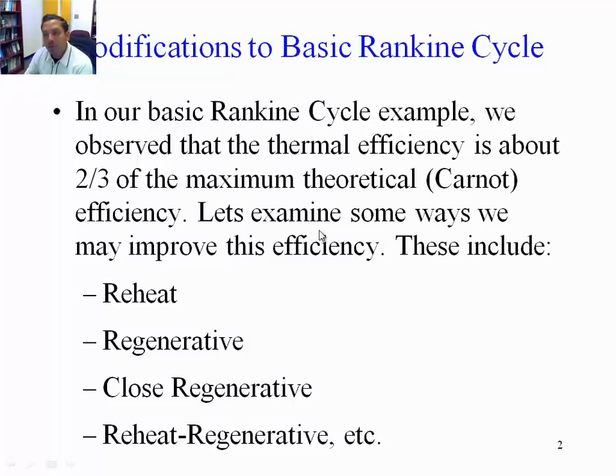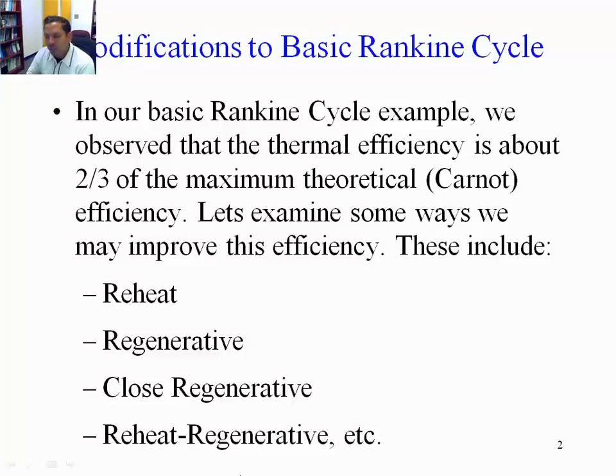These modifications include reheating, taking part of the vapor out of the turbine and passing it through the boiler again so that we can reheat it before expanding it further in the turbine. We can regenerate, which means we can combine part of the cold water with the hot water before it goes to the boiler, so that when it enters the boiler it's not that cold, it already has some enthalpy content, so it's cheaper to heat up.